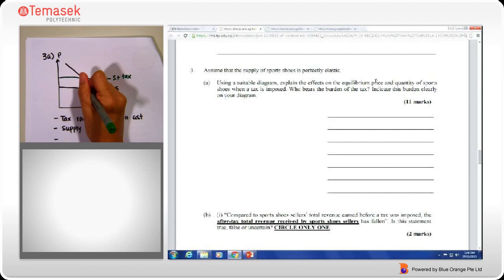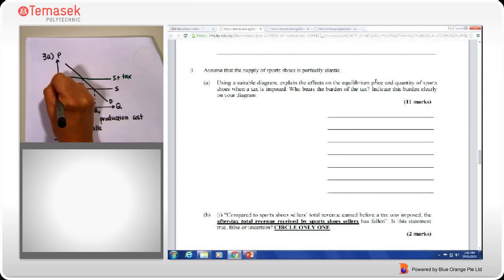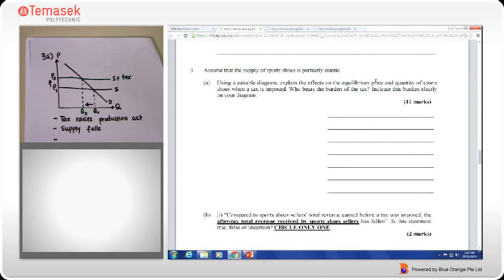So we look at the equilibrium point. This is Q2. The previous point was Q1. And this is P1 and P2.